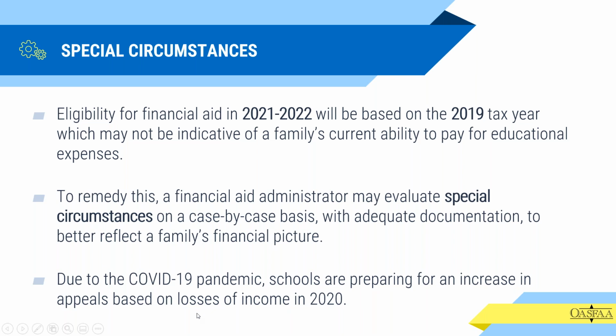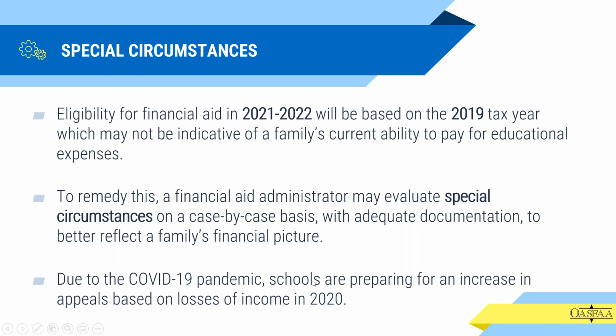If they're looking at several different schools and want to know where they stand at each school, they would have to complete this process individually at each institution, or once they've made that final decision of where they're going, if they make that soon before the start of the semester, they could work with that one school, because every school is going to want to do their own internal process.